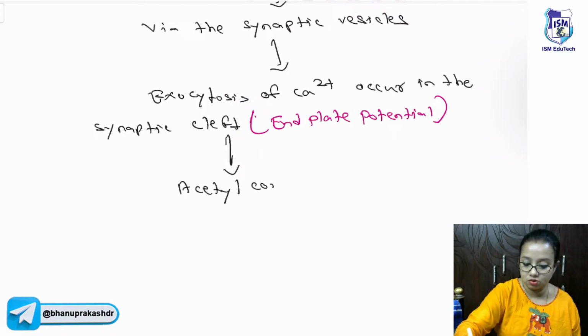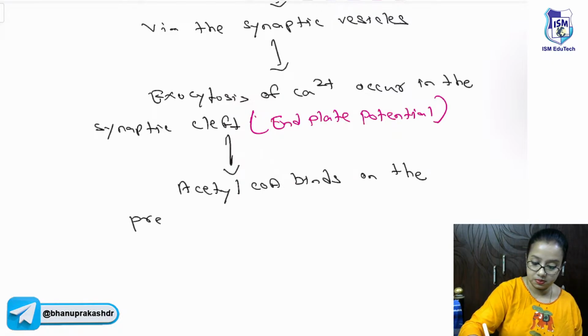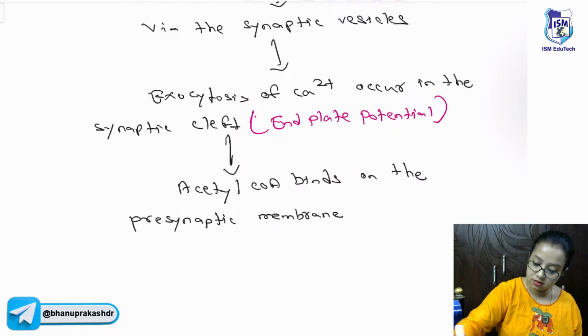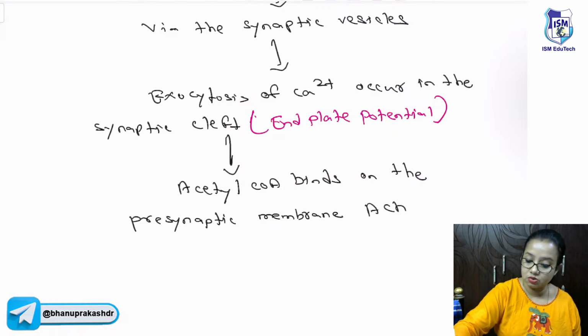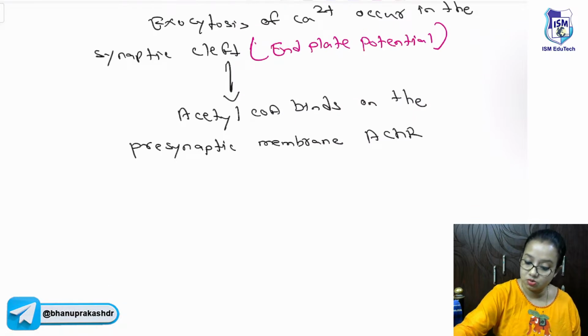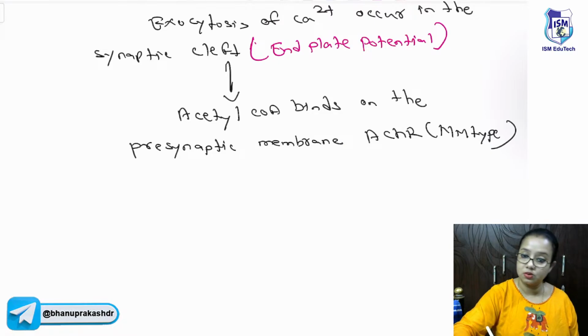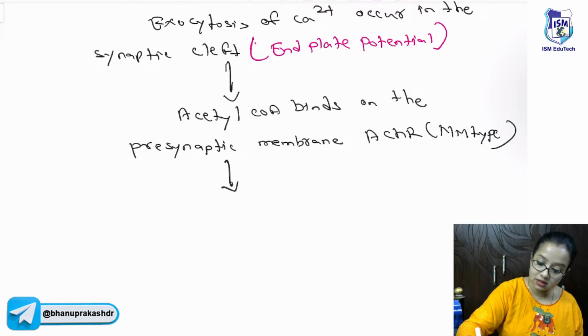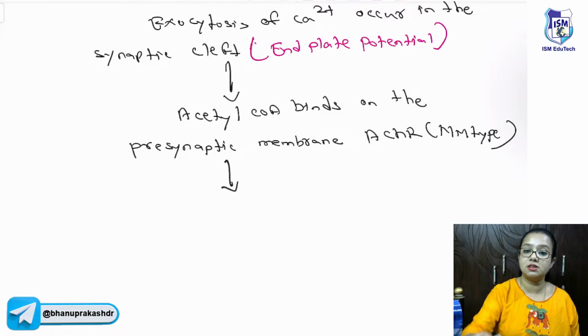acetylcholine binds on the postsynaptic membrane acetylcholine receptor, which is the NM type. Now, this acetylcholine that binds on the acetylcholine receptor is an excitatory neurotransmitter.